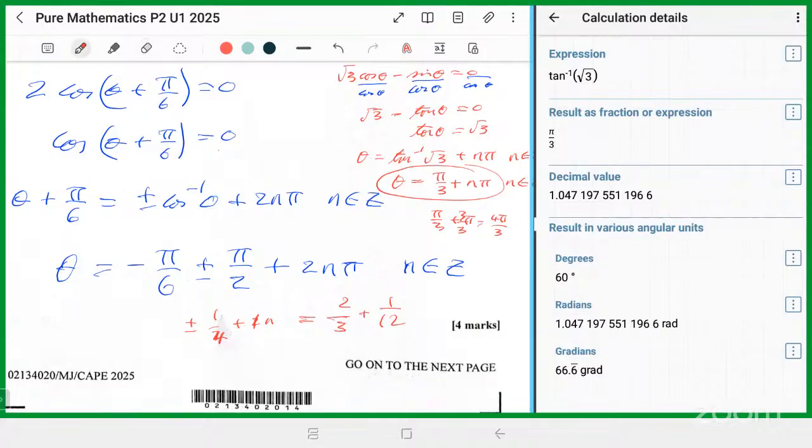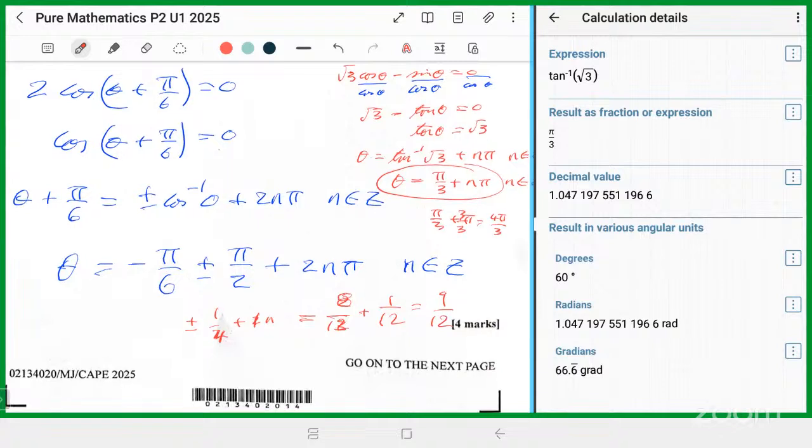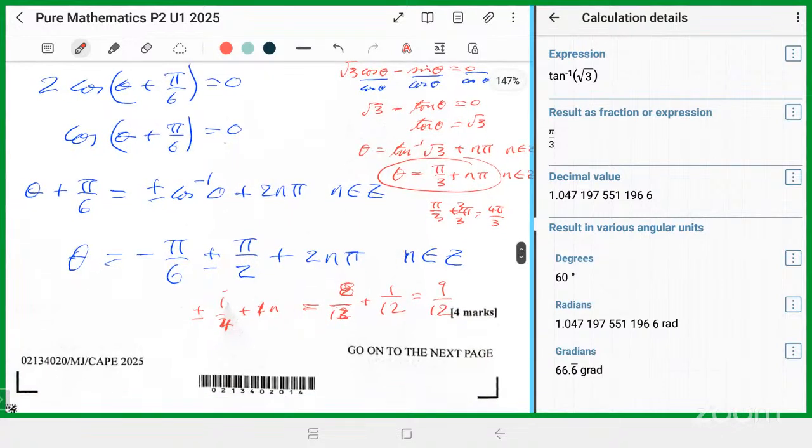Now this one is the same as 8 over 12. That becomes 9 over 12, and this quarter is the same as 3 over 12.